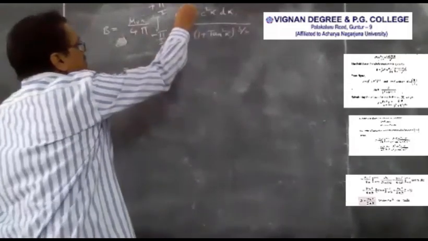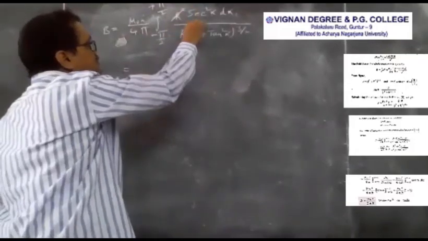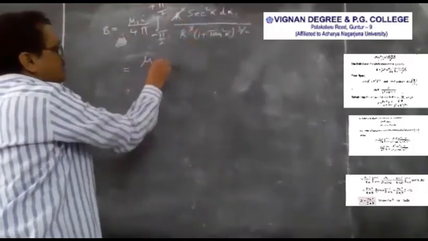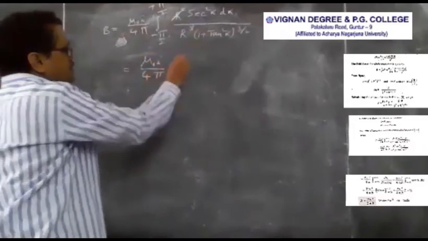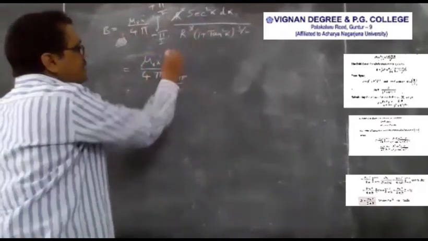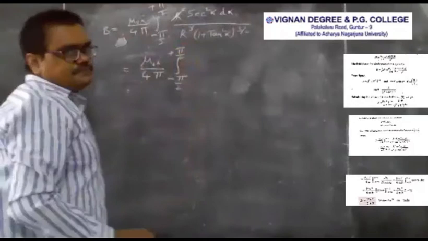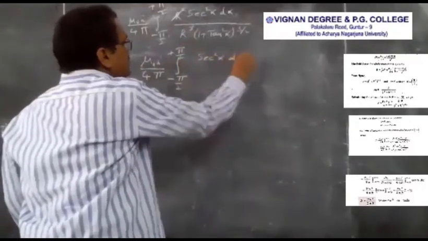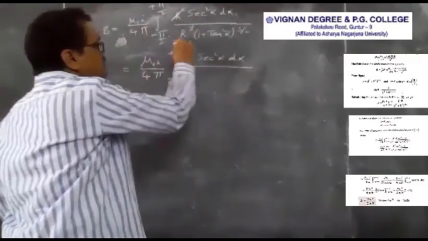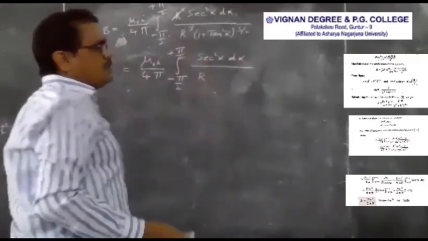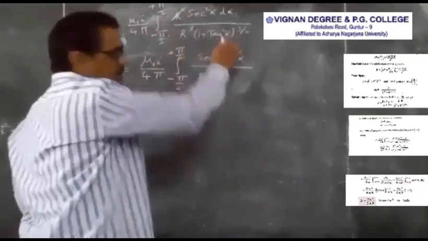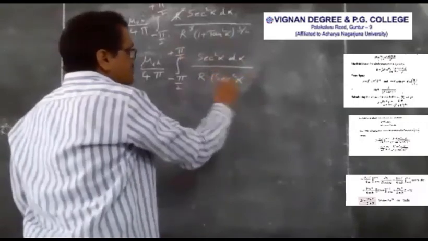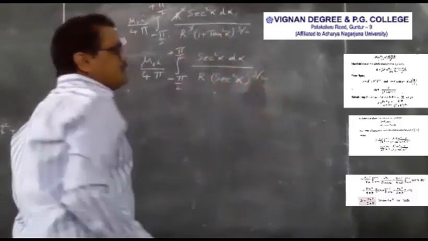Here we can cancel R square, the denominator remainder is R. mu naught I by 4 pi integral from minus pi by 2 to plus pi by 2, secant square alpha d alpha by R, (1 plus tan square alpha) which is secant square alpha, to the power of 3 by 2.